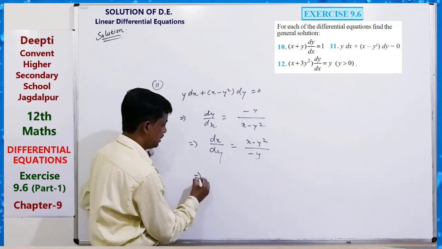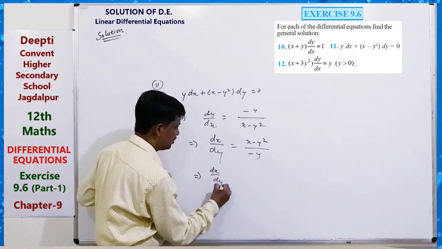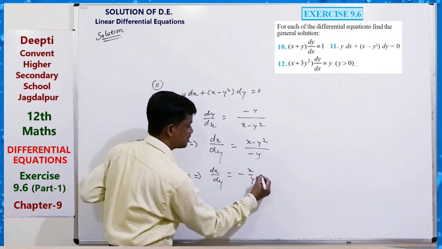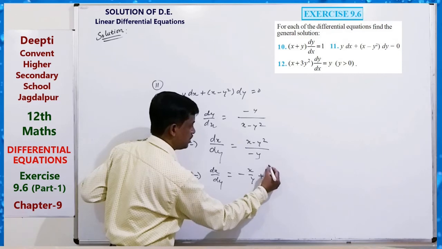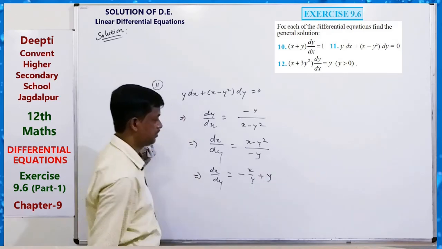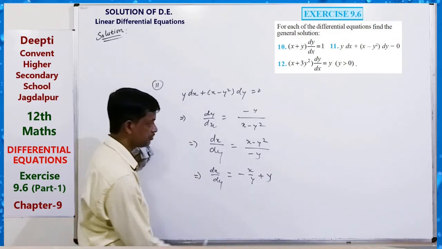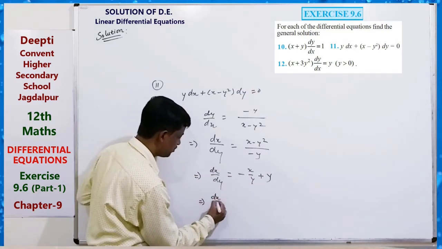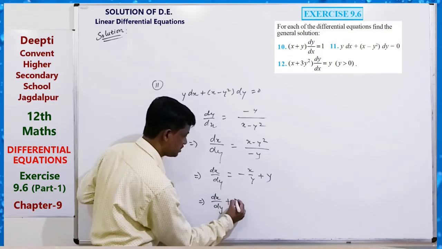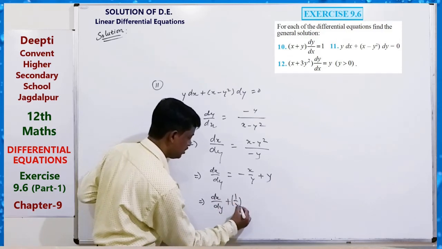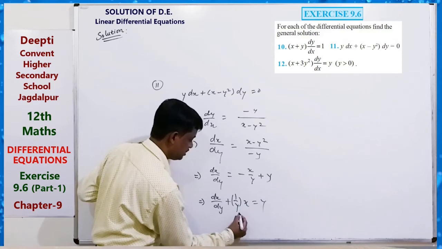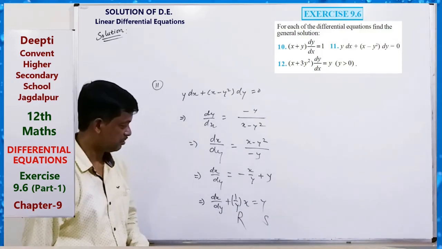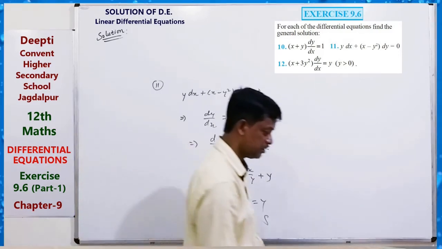So now dx by dy equals x by y, minus minus plus, y square by y means y. Y cancels. So here dx upon dy plus 1 by y into x equals y. This is R, this is S. So this is the second format for a linear differential equation.